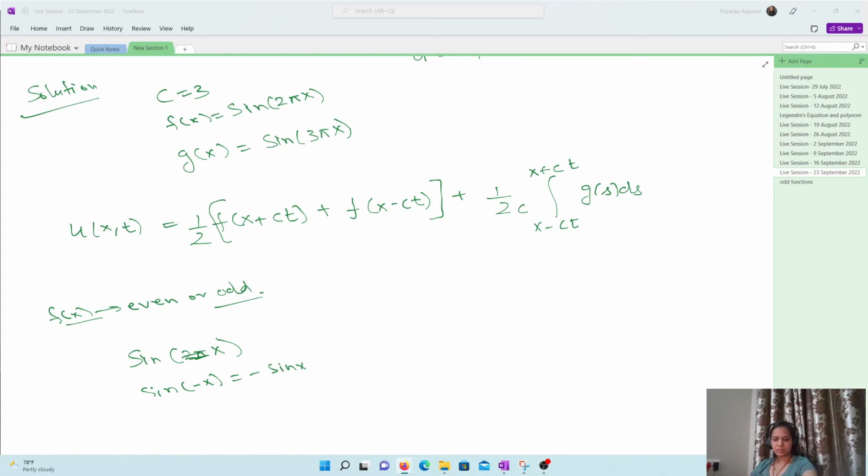So is sine an even or odd function? Sine is an odd function. After knowing this, we know what has been shown as the solution for our function. Already we have seen that, but for now let's go through it.